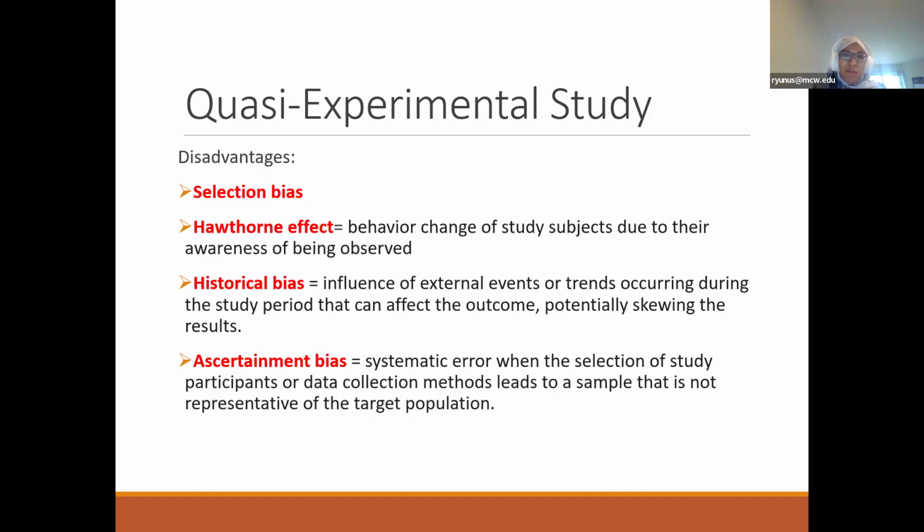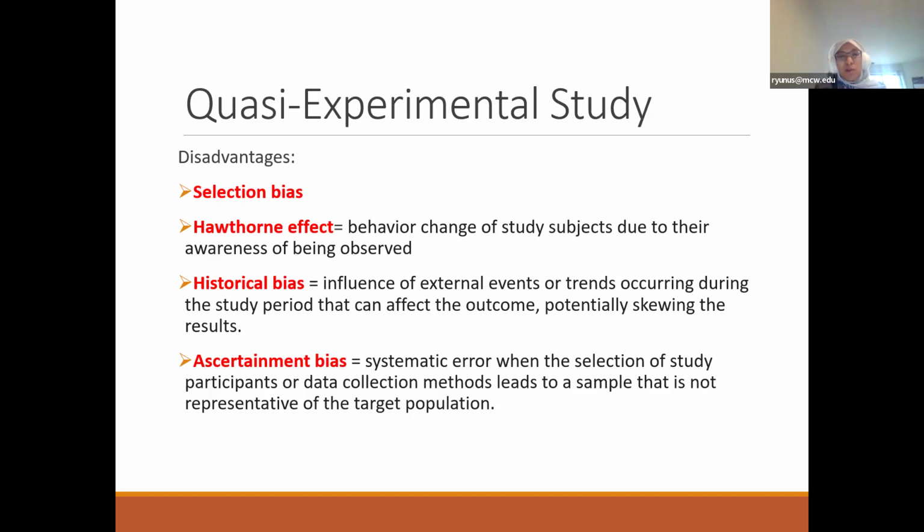Hawthorne effect is basically the behavior change of study subjects due to their awareness of being observed. So this is something that you can avoid when you do random assignment or when you do blinding, right? Because when your participants do not know whether they are in the intervention or control group, that effect of behavior change or that awareness of knowing that I'm being observed, or I'm getting this drug or I'm not getting the drug, is not there.